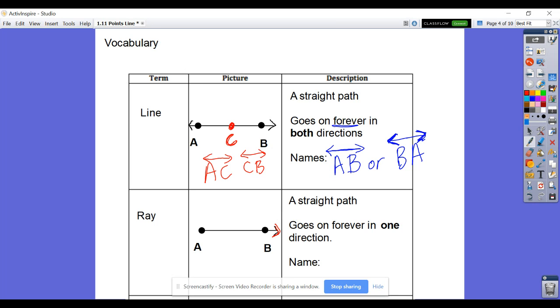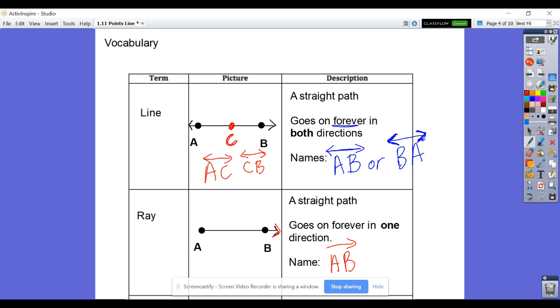So now, I always joke that Ray is very sensitive. Ray does not like nicknames. So Ray is called AB with a little mini ray drawn on top of it. So for your name for ray, you're going to write AB with the mini arrow drawn on top of it.